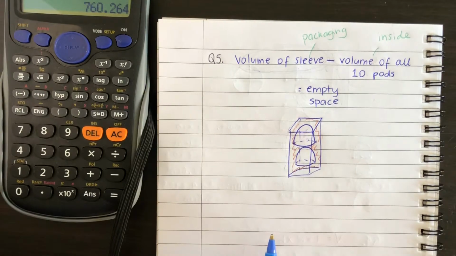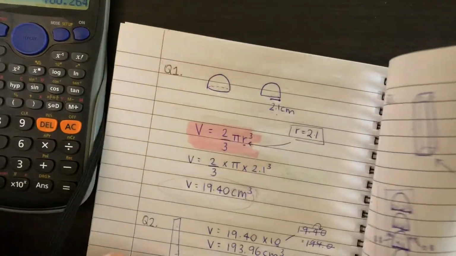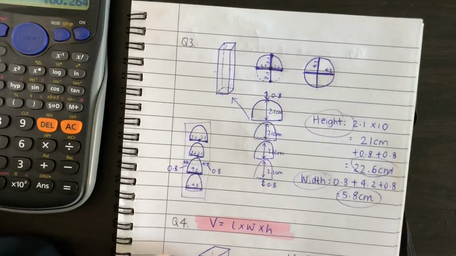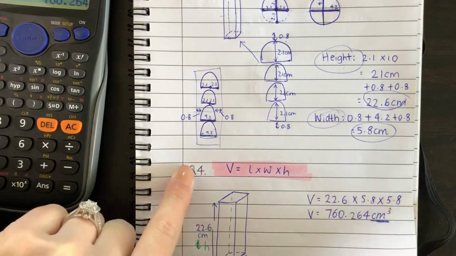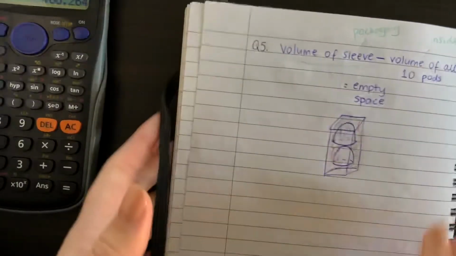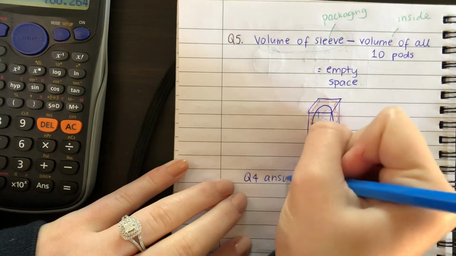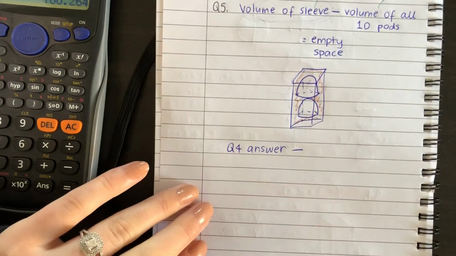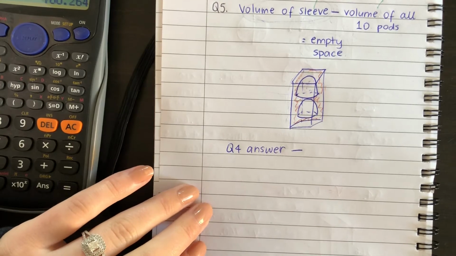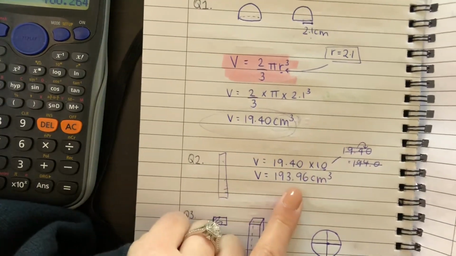So what was the volume of the overall sleeve? Well, you worked that out in question 4. It was 760.264. So you're getting your answer from question 4. So question 4 answer minus the volume of all 10 pods, which is your answer from question 2.